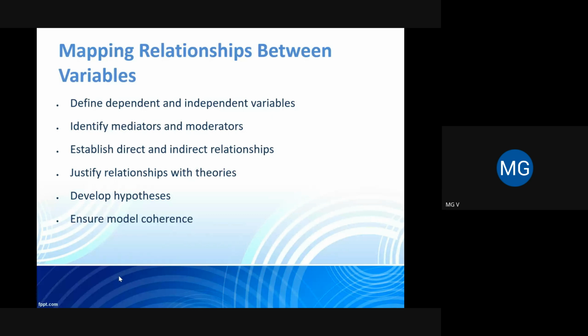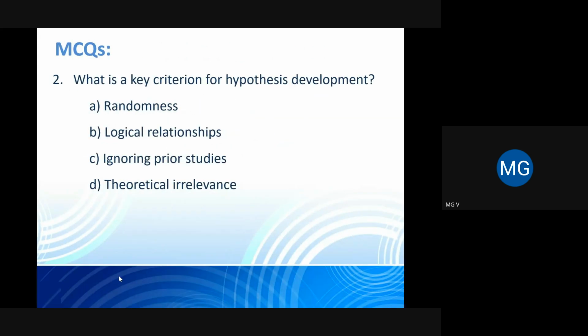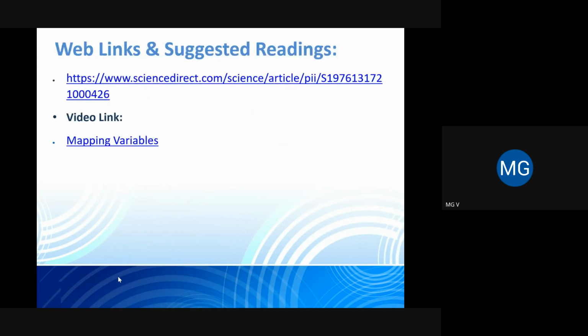Then establishing direct and indirect relationships, justifying relationships with theories, then developing hypotheses and ensuring model coherence. The caselets are the elaborated examples for each of these concepts that we have already discussed.